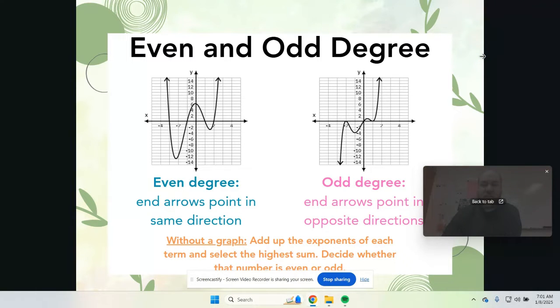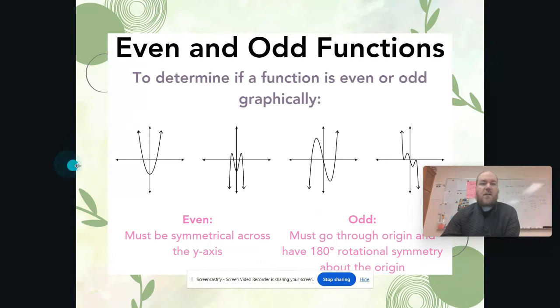Now let's talk about even and odd functions. This is separate from even and odd degree. This is just even and odd functions. So graphically, if a function is even, that means it's symmetrical across the y-axis.